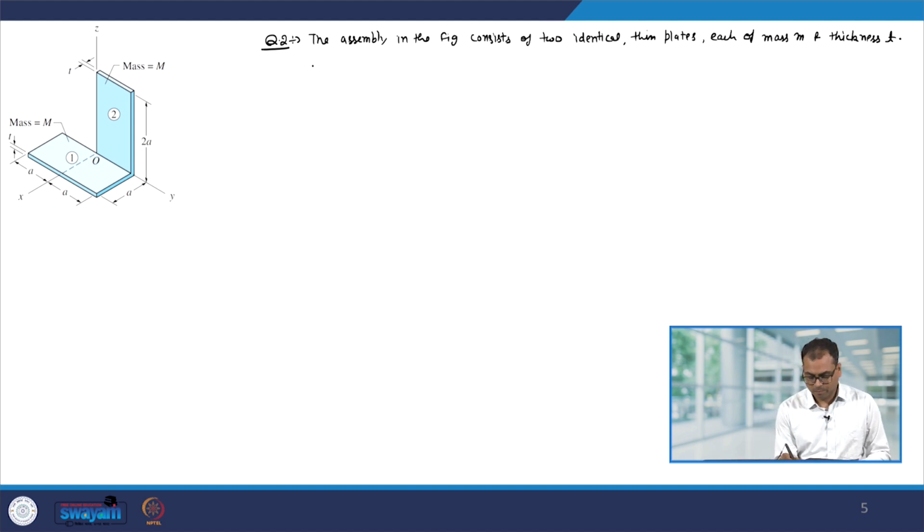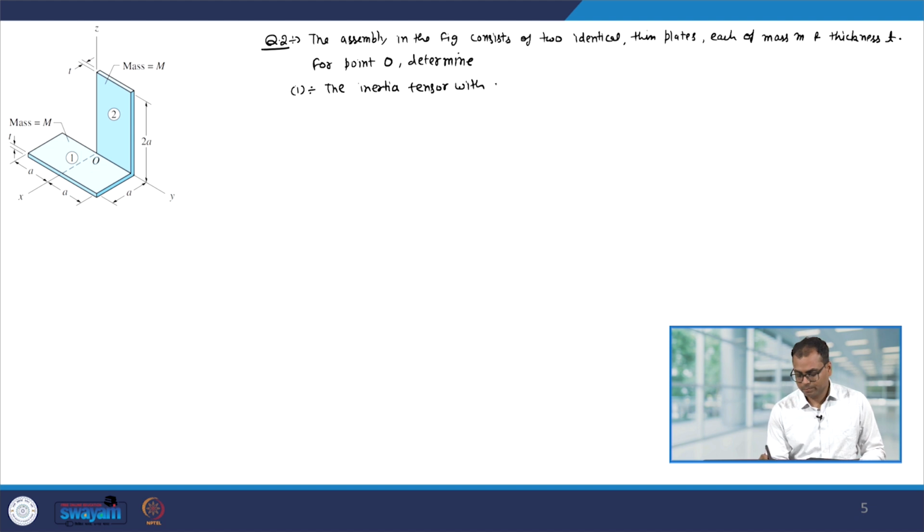For point O, determine number 1, the inertia tensor with respect to the axes shown, and number 2, the principal moments of inertia.